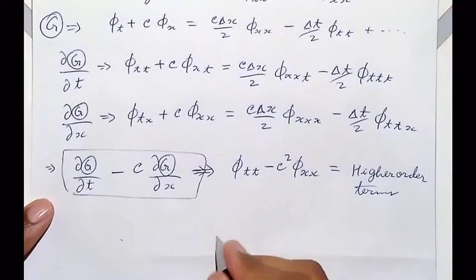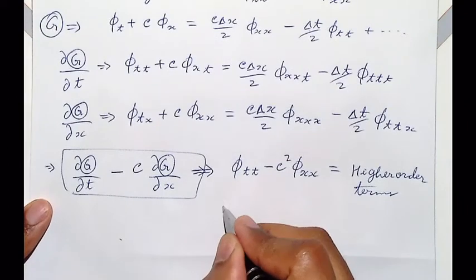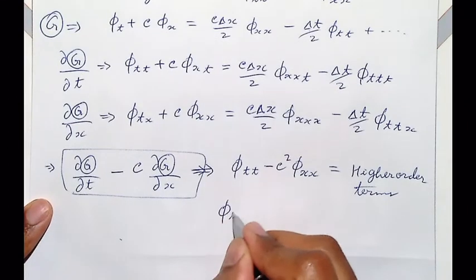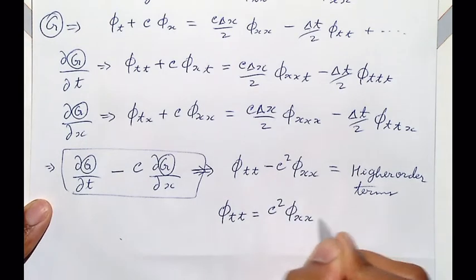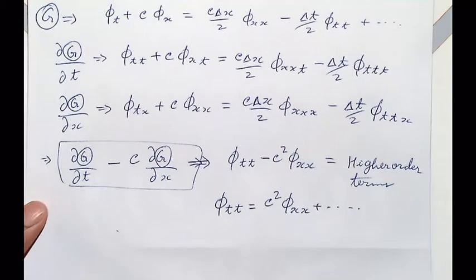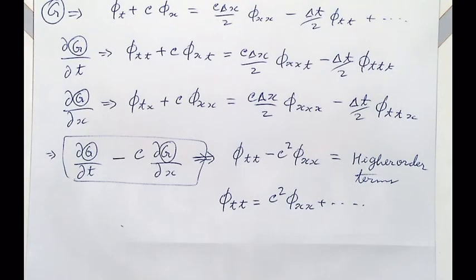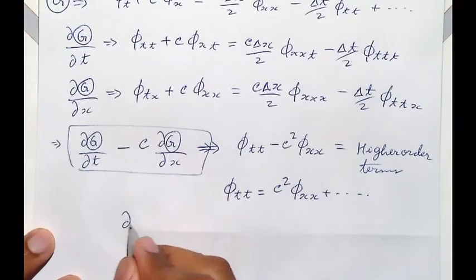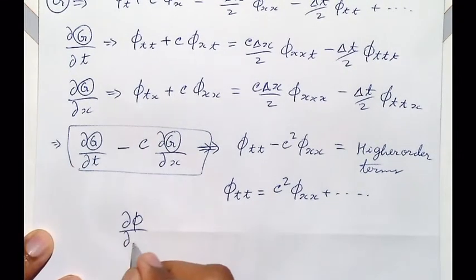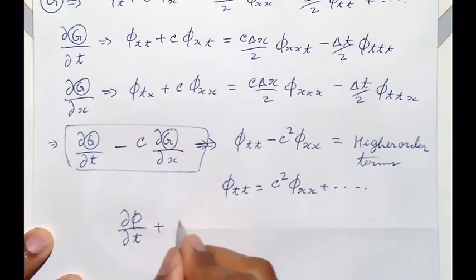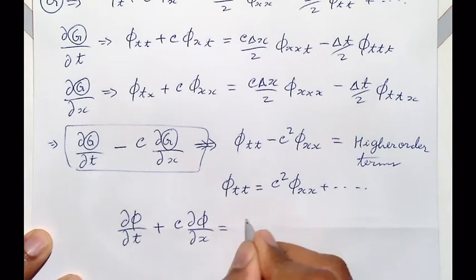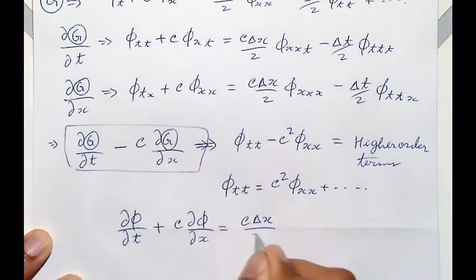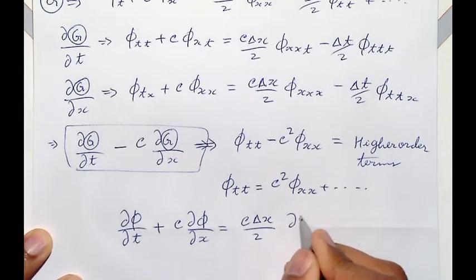All right, so now I have an estimate for how my phi dt can be expressed in terms of xx. All right, so let's go back to our modified advection equation, and what we get is, so I'm just rewriting.